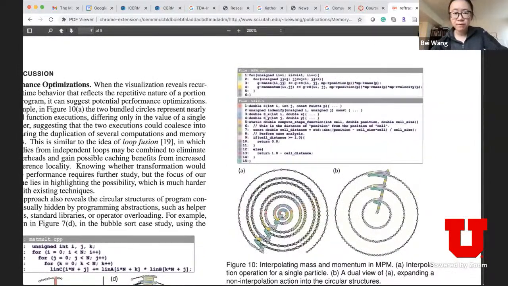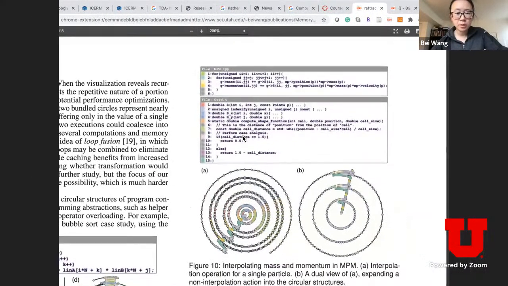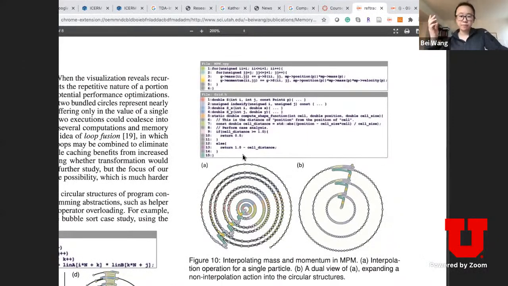So this is MPM code, and then there is another type of periodicity where it's not just coming from a for loop, but coming from calling the same functions.